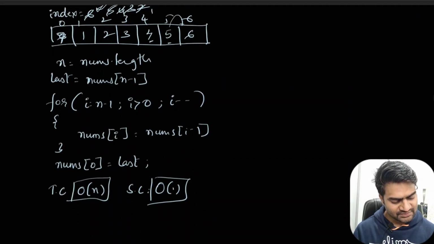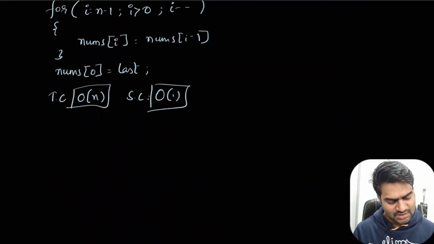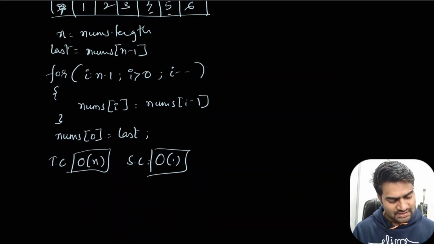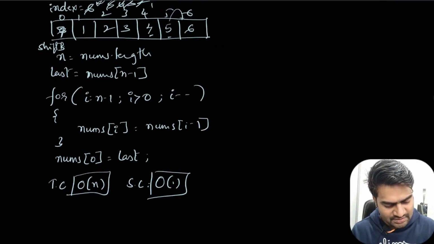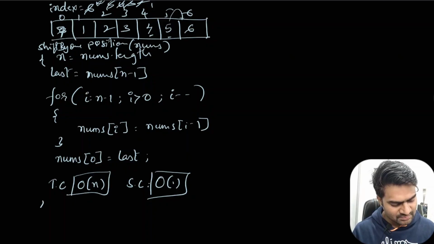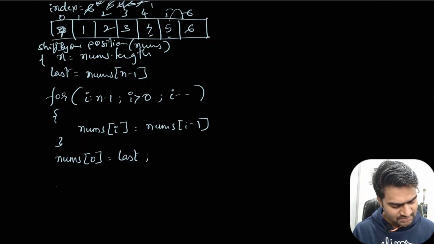Okay, so if that is the case, now what I will do, I will call this as shift by one position, then it accepts nums array. Okay, this is one method. So I'll remove this part. This is one method.